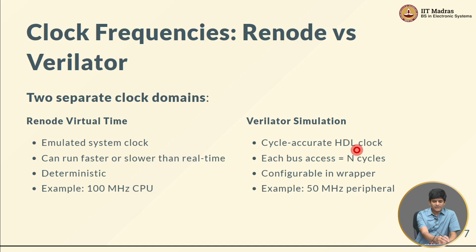In Renode, for example, it doesn't really care whether your CPU is pipelined, whether there is a pipeline stall. All of those things are not modeled at that level of accuracy. It just makes sure that it's functionally correct. It needs to execute the operation corresponding to each instruction. Whereas the Verilator simulation has to be cycle accurate. Every single step, every always @(posedge clock) has to be evaluated properly.